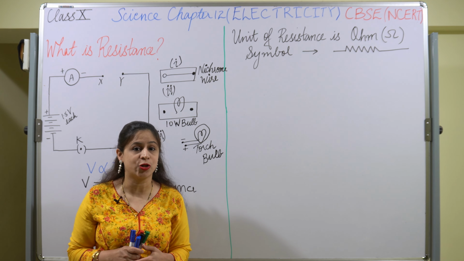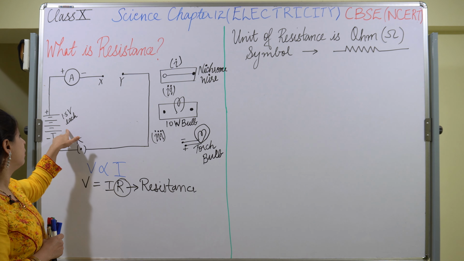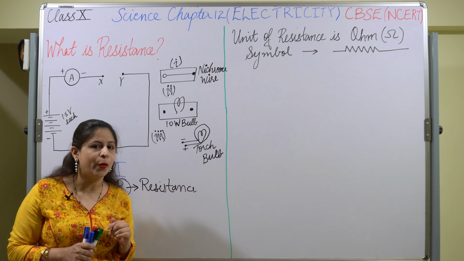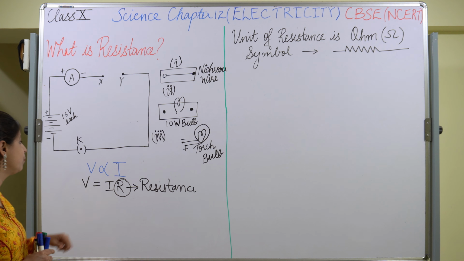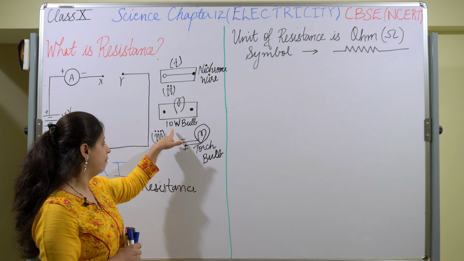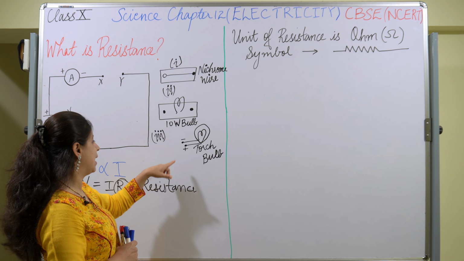what resistance actually is. In this activity, a meter is taken, then a battery having 4 cells of 1.5 volts each, a key, a nichrome wire, a 100-watt bulb, and a torch bulb.